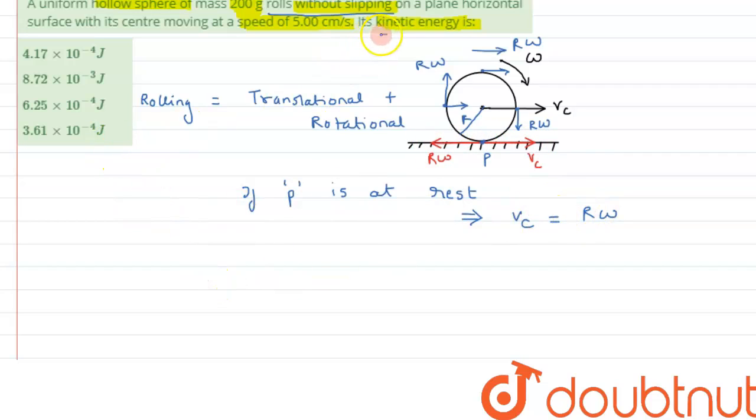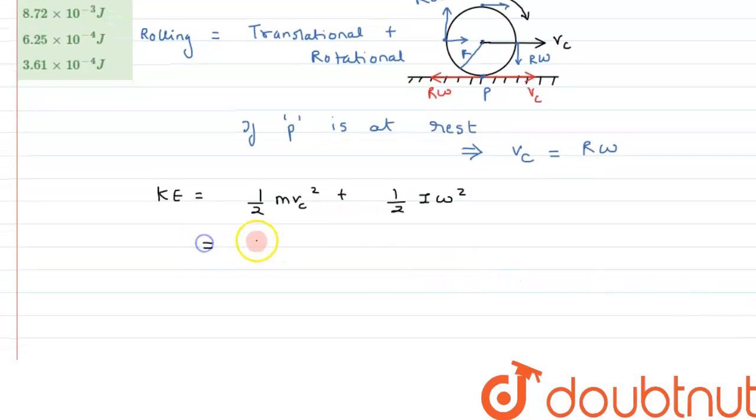Now we have to calculate the kinetic energy. Kinetic energy due to translation can be written as half m vc square. Due to rotation it can be written as half I omega square. So let's substitute the values.